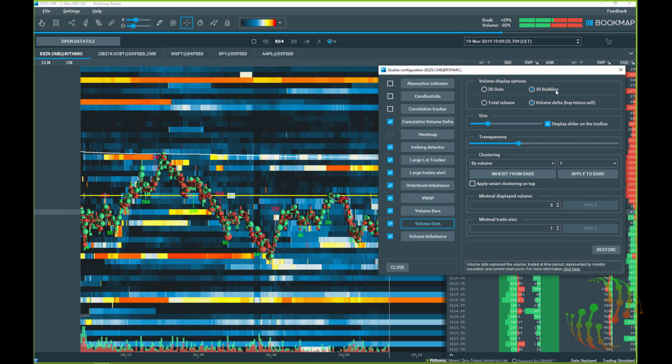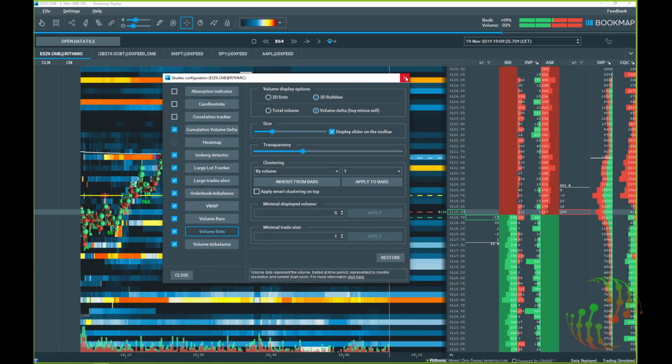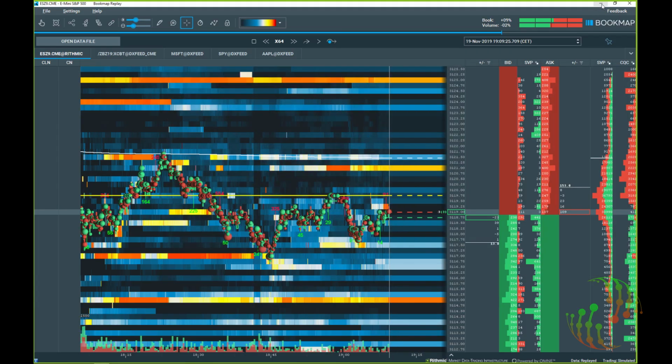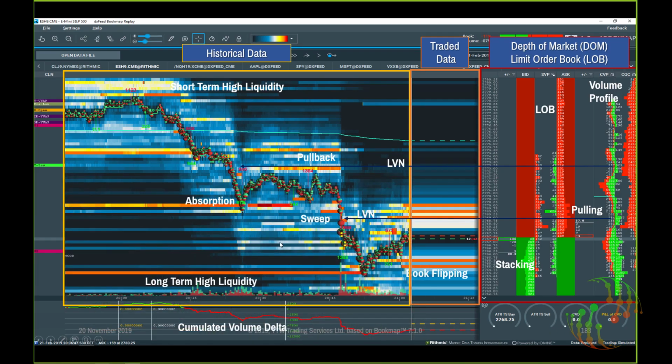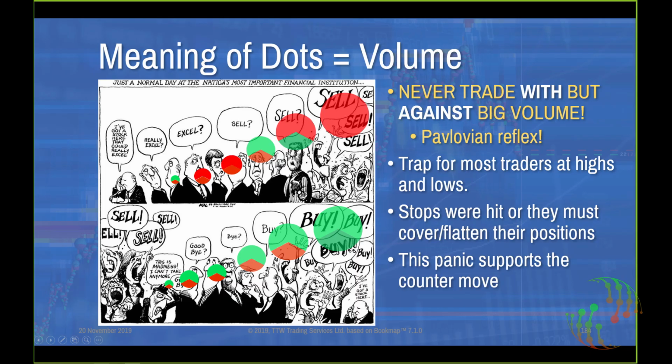I'm also using 3D bubbles instead of 2D normal bubbles, because I think it's, at least for myself, a little bit more beautiful. Everything is relative, meaning the dots and volume, and when we are talking about sweeping, I find this very nice cartoon on the net.